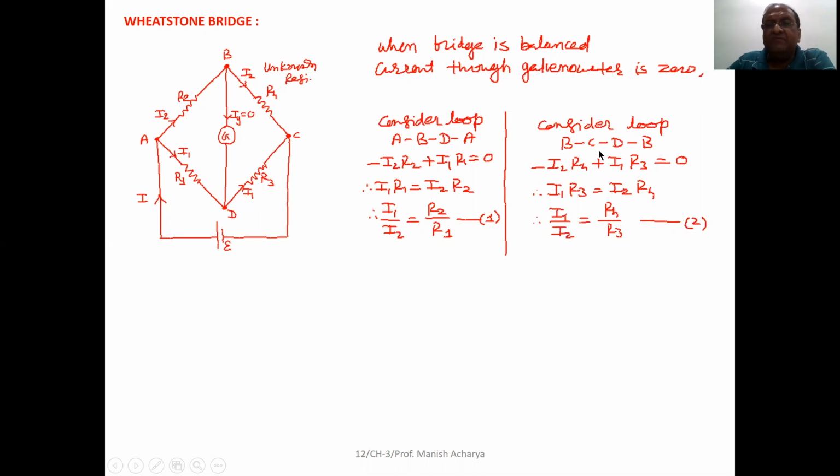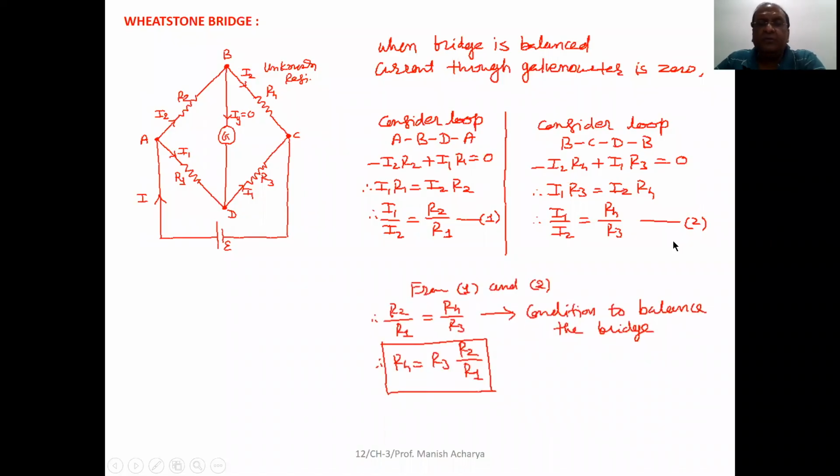So the potential difference, that is plus I1 R3. Then D to B, there is no current, so no potential difference. So when you reach at B, resultant is 0. So you can write I1 R3 equal to I2 R4. So you can write now I1 upon I2 that is equal to R4 upon R3. Clear to all of you up to this?